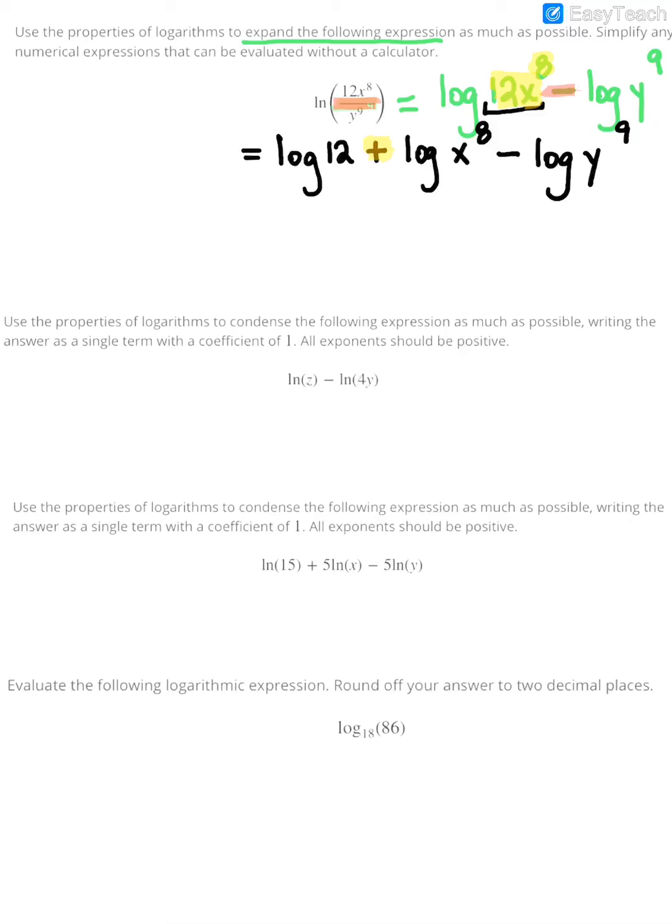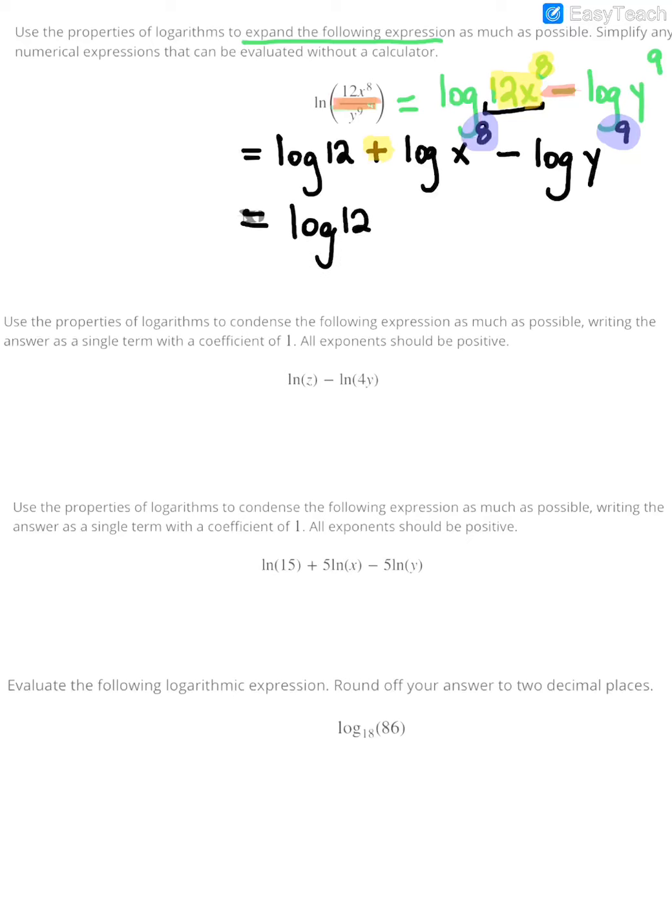So the last thing that I will deal with is the fact that I have some terms that are being raised to powers. I have an x to the 8th here, and I have a y to the 9th. And our properties tell us that we can pull those powers to the front and multiply. So log of 12 is just going to stay log of 12.